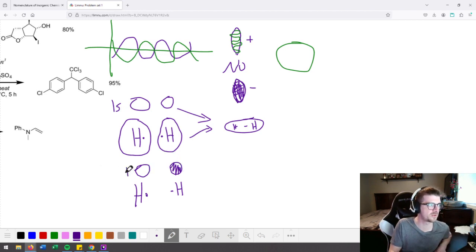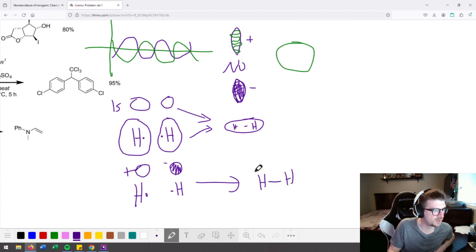Let's call this one positive and this one negative. Again, it's not about charge. It's just saying this one is different from that one. They're opposites. If these interact, then you get what's called an antibonding orbital. And so that's going to be here and here.